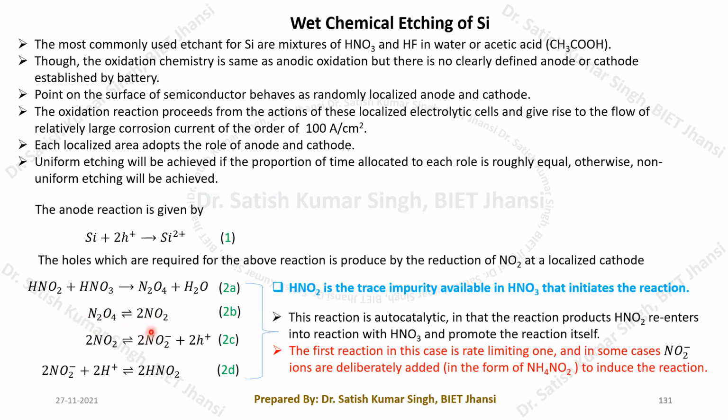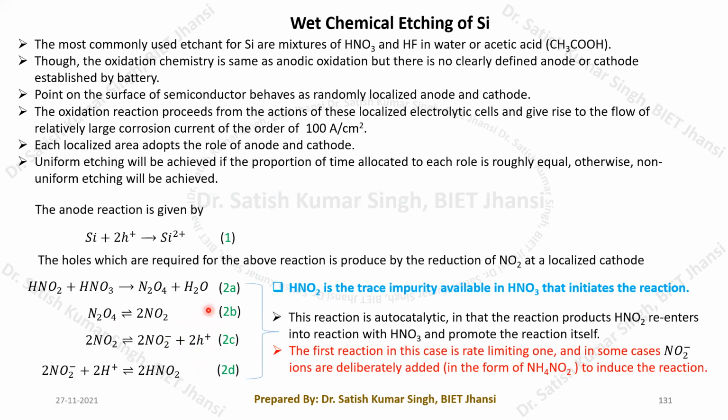This is because of the chemical reactions. This NO2 can also be dissociated into two: it is going to form NO2 minus ions, and it is also going to liberate two holes, meaning two positive charges.